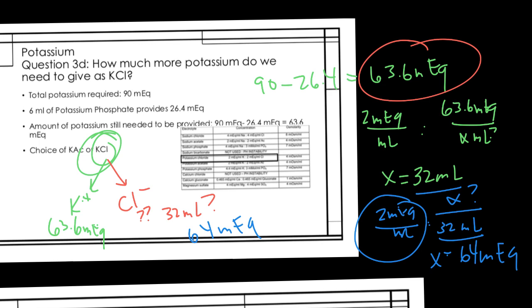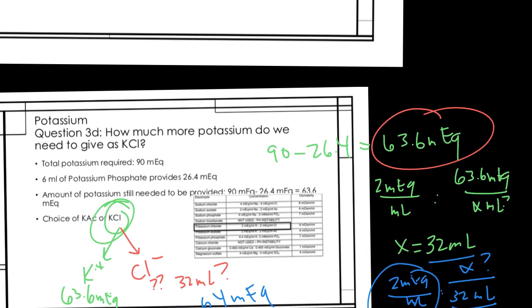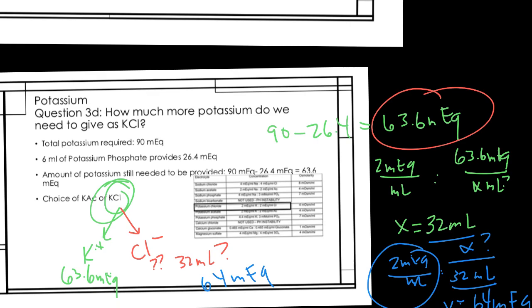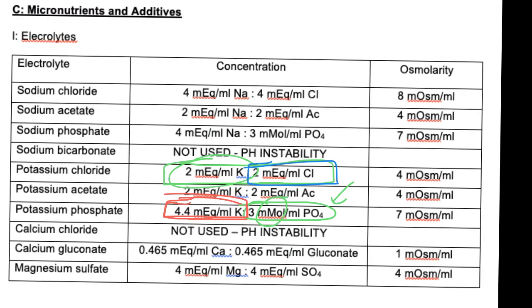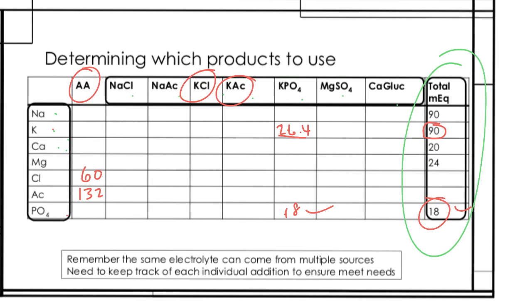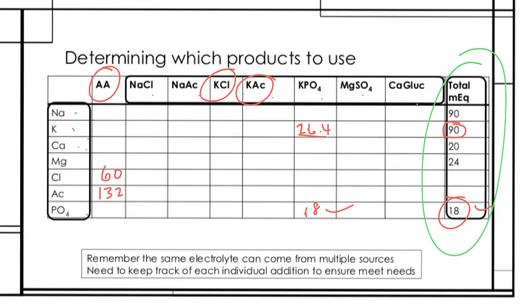So let's fill out our table. 64, 64. So you know you're giving 64 milliequivalents of potassium as the chloride, and as the chloride, you're giving 64 milliequivalents.